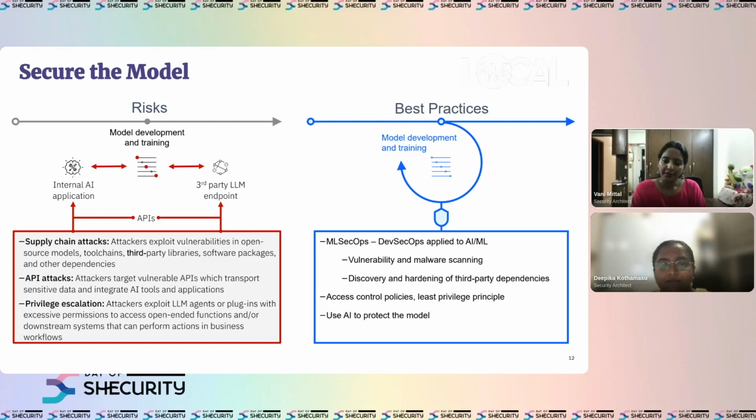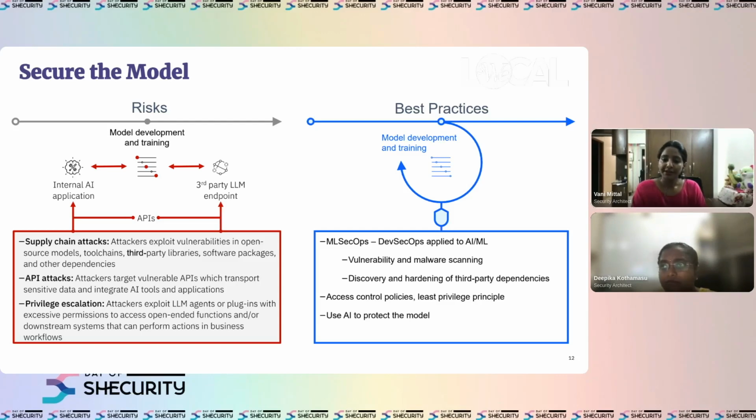And then again, there are other types of attacks like privilege escalation, where if the AI systems are given access, then attackers can inflict a lot of damage if they are able to compromise these permissions.